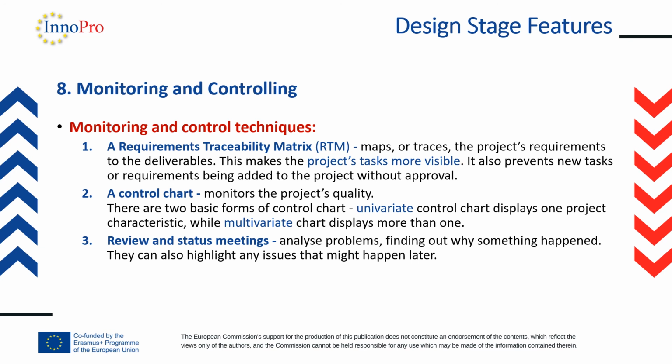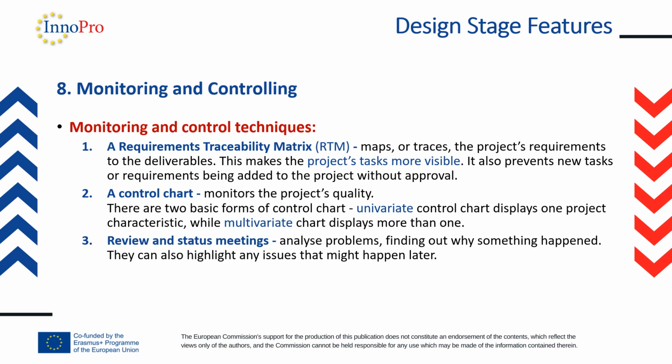First of all, the requirements traceability matrix, where we can use maps or traces that map the project requirements to our deliverables, and this makes the project tasks more visible. We can see the progress of their fulfilment, so it helps us to be aware of risks. Of course, another technique is to prepare a control chart.